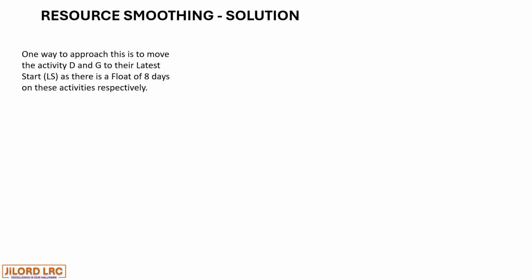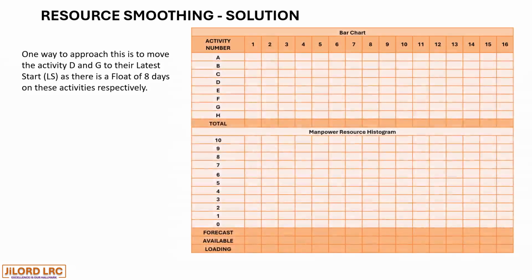One way to approach this is to move the activity D and G to their latest start, as there is a float of 8 days on these activities respectively. So we have our chart. A is on a critical path.